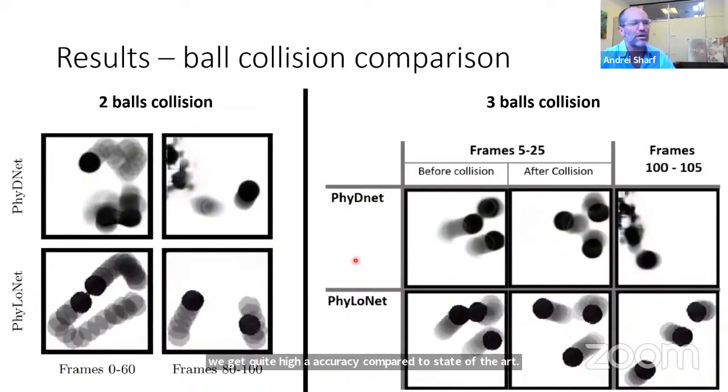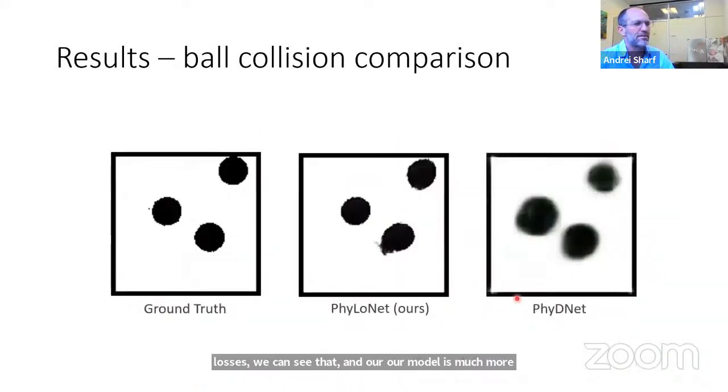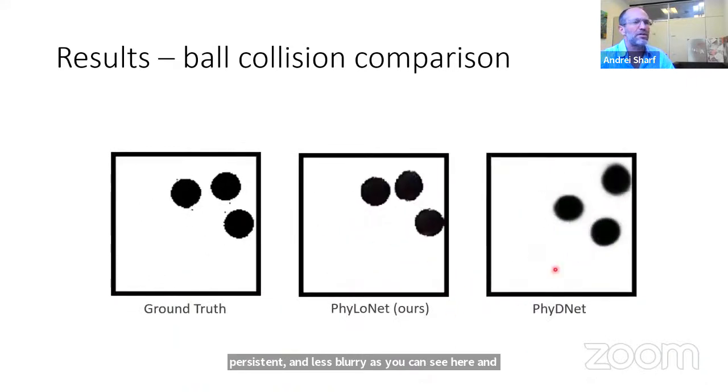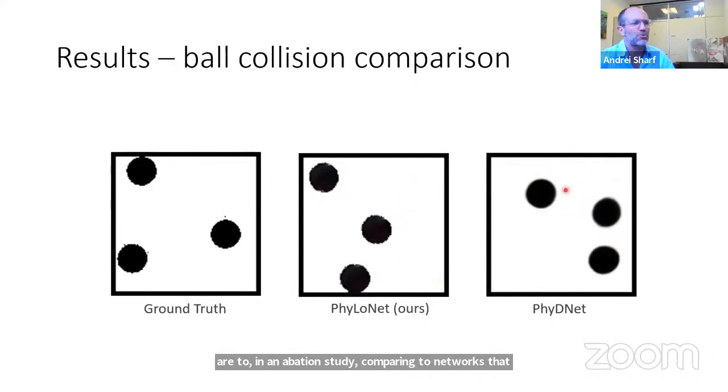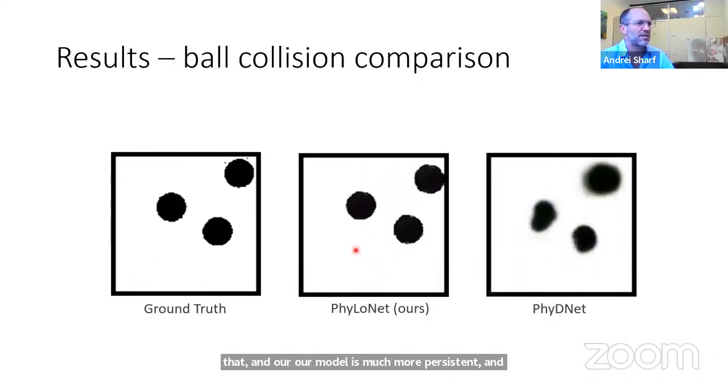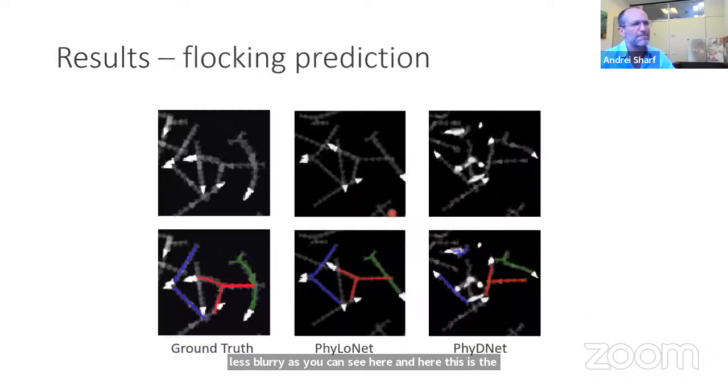In an ablation study, comparing to networks that do not use our architecture and our losses, we can see that our model is much more consistent and less blurry, as you can see here and here. This is our result compared to a result of a network without our formulation. You can see ours is much more concise.